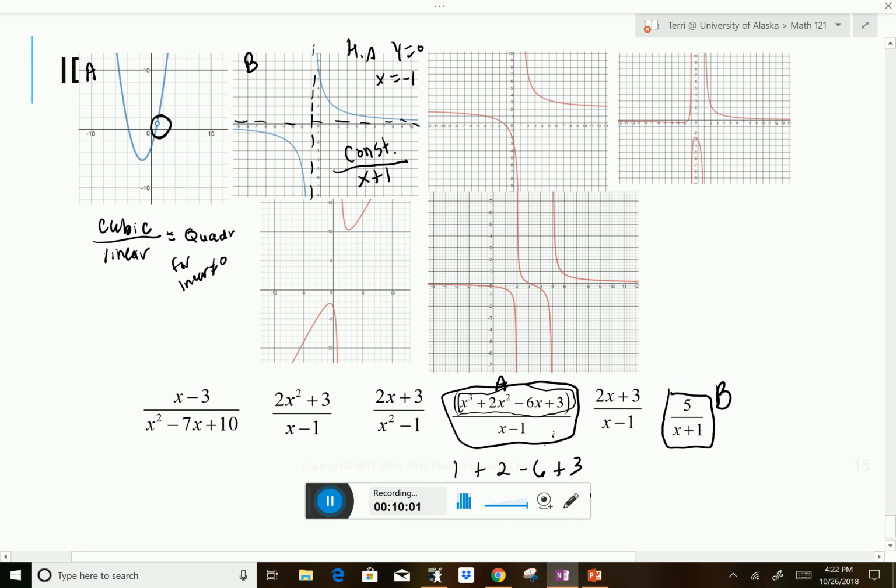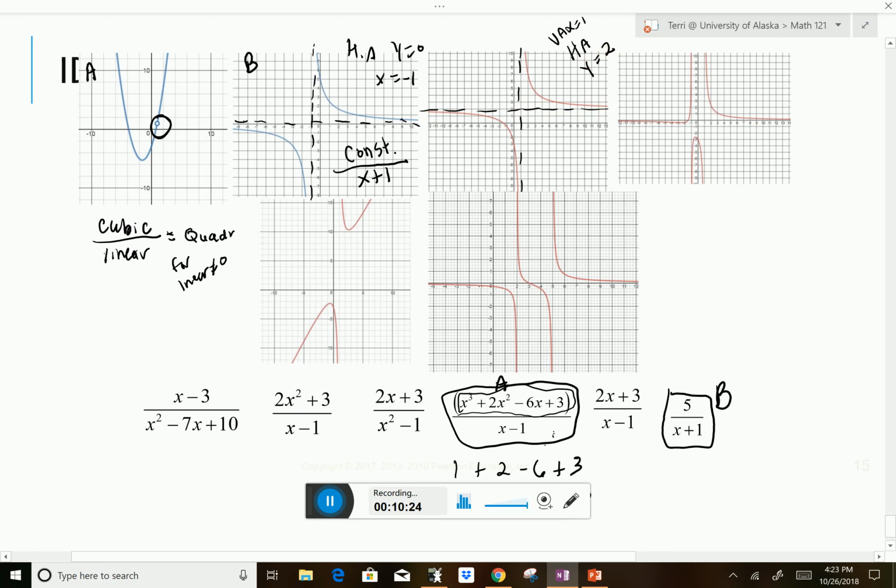So now let's look at this one. Let's look at our asymptote. I have a vertical asymptote at x equals 1, and a horizontal asymptote, it appears, at y equals 2.